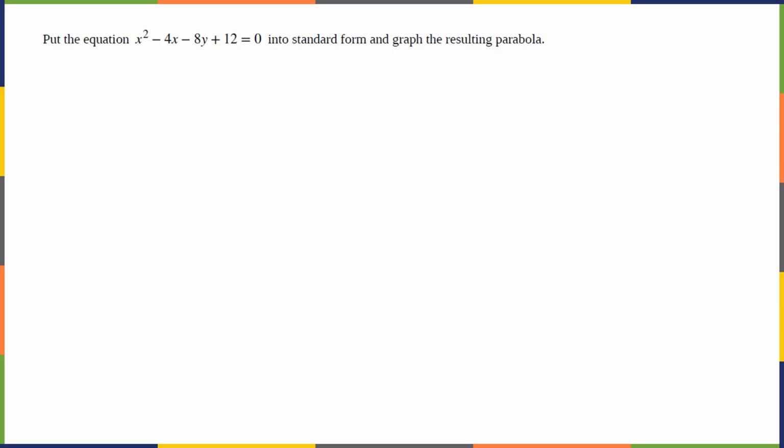Now, considering an example, let's put those things into practice. So this question asks us to put the equation x squared minus 4x minus 8y plus 12 equals 0 into standard form and then graph the resulting parabola. So we will need to do completing the square for this problem.